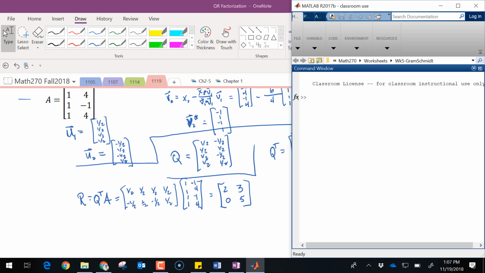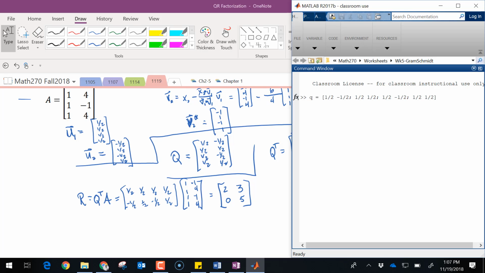All right, we said our Q was equal to, so I have to write this as an actual Q matrix. That's 1/2, negative 1/2, and then next row 1/2, 1/2, next row 1/2, negative 1/2, and then last row 1/2, 1/2.